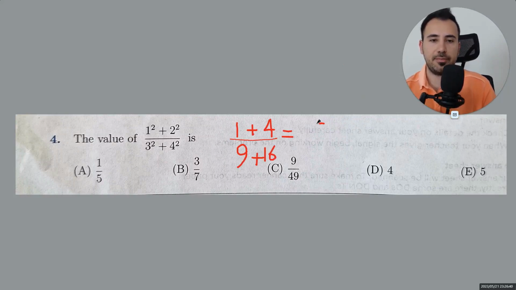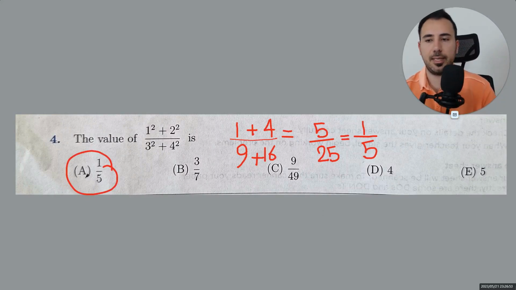It's going to be 5 over 25. Let's simplify by dividing both of them by 5. 1 over 5. 1/5 is the answer.